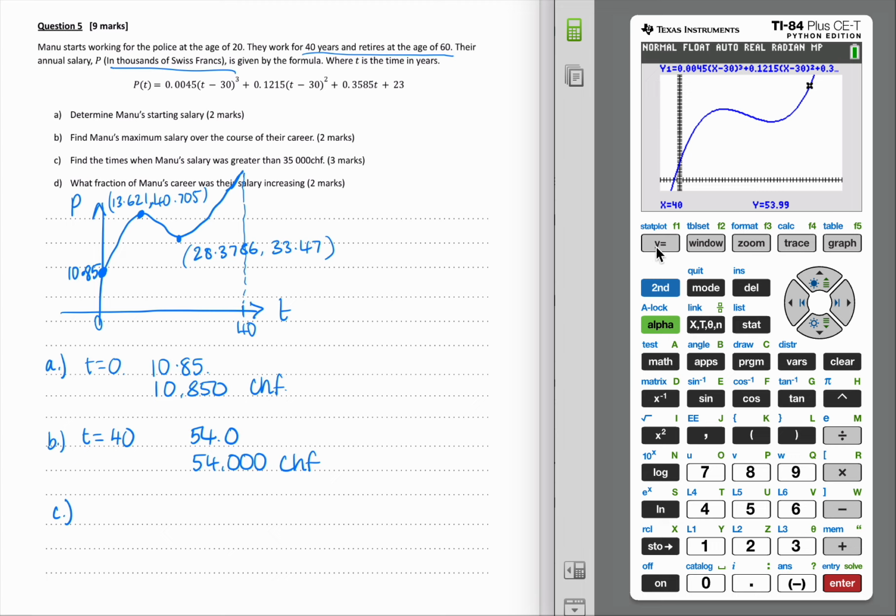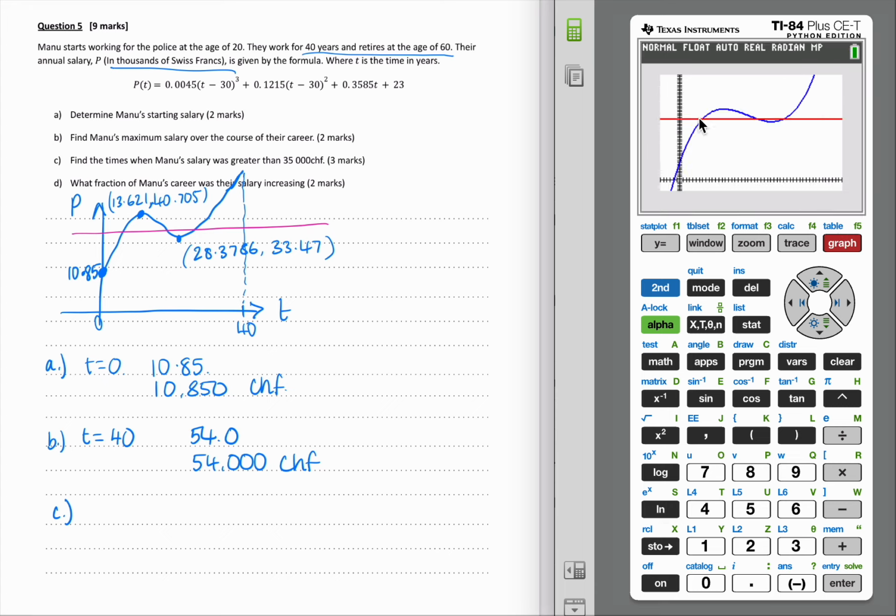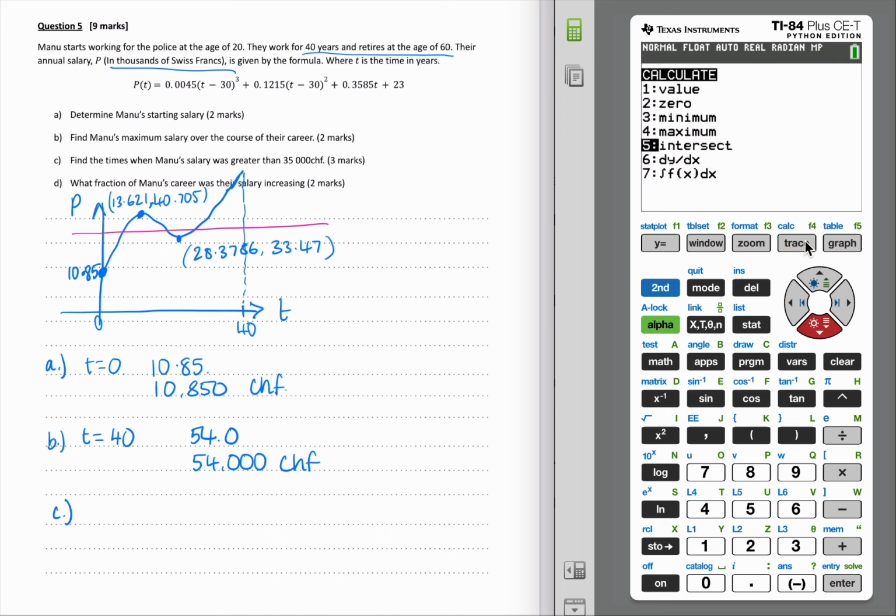So that means when was it above 35, which looks to be slightly above that minimum point there, which is 33. So I'm going to go to my graph and I'm going to add on 35. I can see it's above 35 here and then again here. So I need to find all of those intersections.